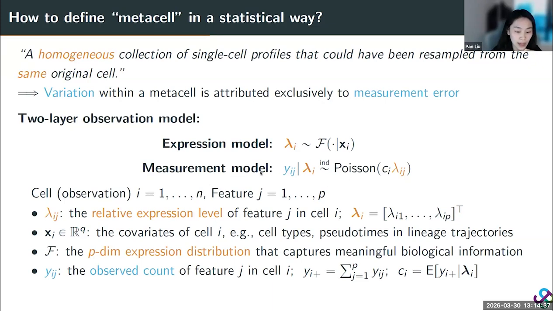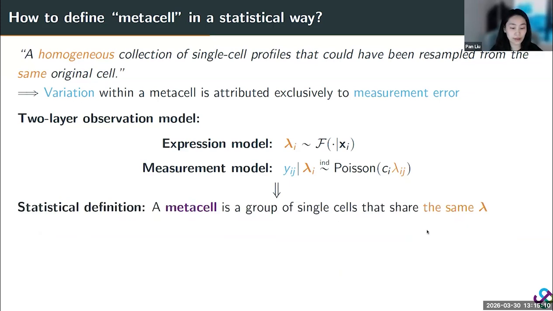Then given this lambda_i, the measurement model depicts the variation or errors introduced in the sequencing procedure. Like, given the true expression lambda, how do we end up getting the observed counts, Y_ij? And this is typically assumed to follow a Poisson distribution. On the right-hand side, C_i represents the expectation of the cell library size Y_i+, also called per-cell sequencing depth.